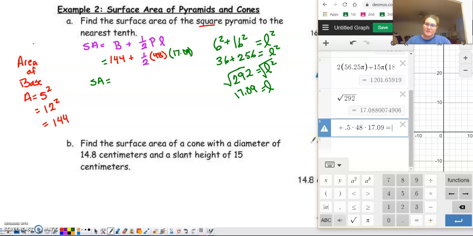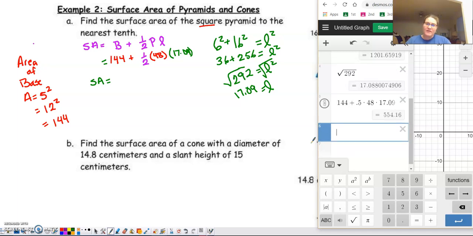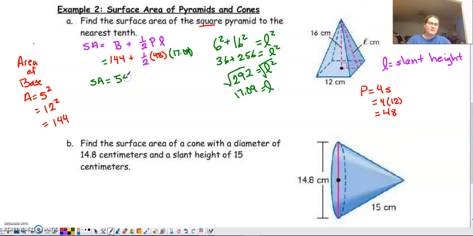That, not the equal sign. That is going to give me 554.16. So I have 2 decimal places. I only need the 1. So when I round this, it will be 554.2. Sorry, that looks like such a weird 5 there. And that is in centimeters squared.